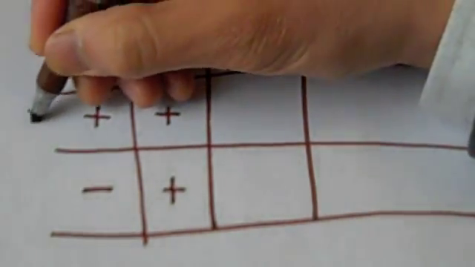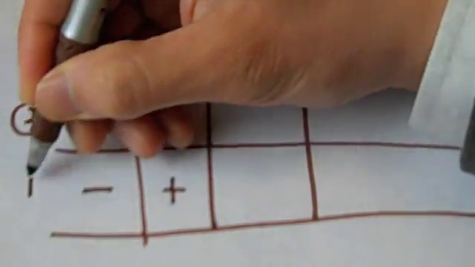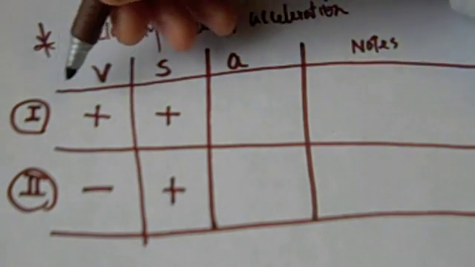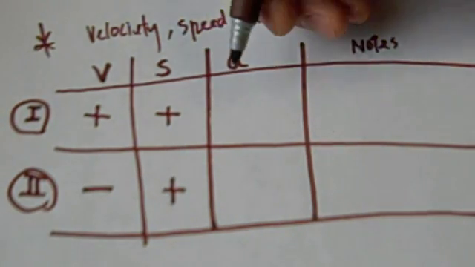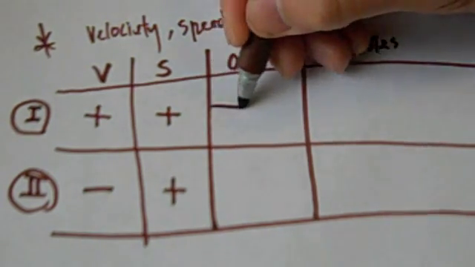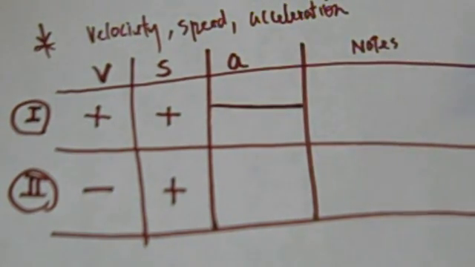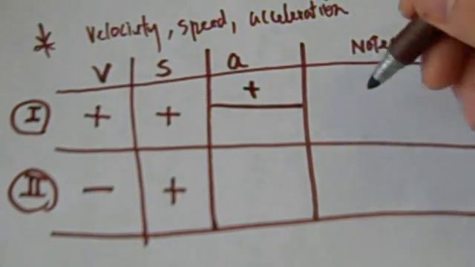Now, in the first scenario, we can say this is the first case, and then this is the second case. Under the Roman numeral 1 case, right here, we could have two possibilities for acceleration. Now, if we have a positive acceleration, what does that mean?